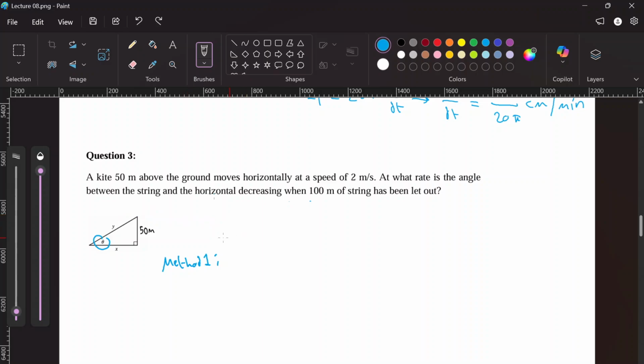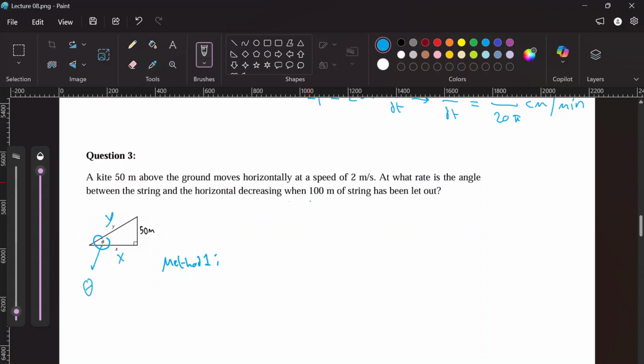So y is the length. Here you have y, here you have x, and here you have theta. The angle is theta. So y is the length of the string, x is the horizontal, 50 meters is the height, okay?